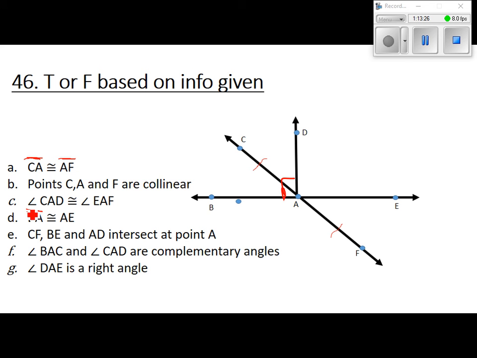Let me make sure that's what the book wanted. Those are segments, and these others here are segments, and these three here are lines. I have no clue why I didn't put my symbols in there. That's a line, that's a line.